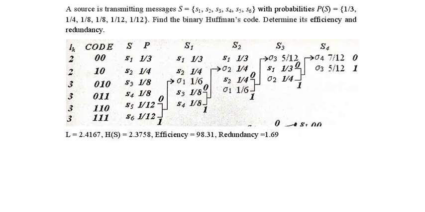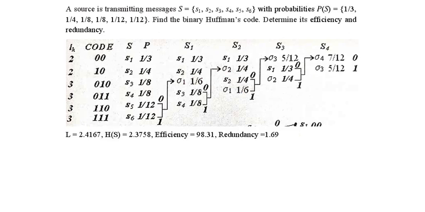So we bring it here, and in the next stage we will combine 1/8 and 1/8. First S3 is assigned 0 and S4 is assigned binary 1, and the combined probability is 1/4. So 1/4 is greater than 1/6. So we are writing here.